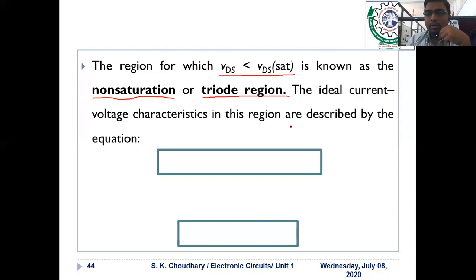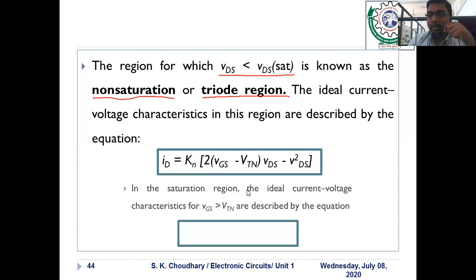According to these characteristics, the relationship of the current in the non-saturation or triode region is ID equals Kn times [2(VGS minus VTN)VDS minus VDS square]. So this is the relationship where you can see that ID is non-linearly related with the VDS because of this VDS square.